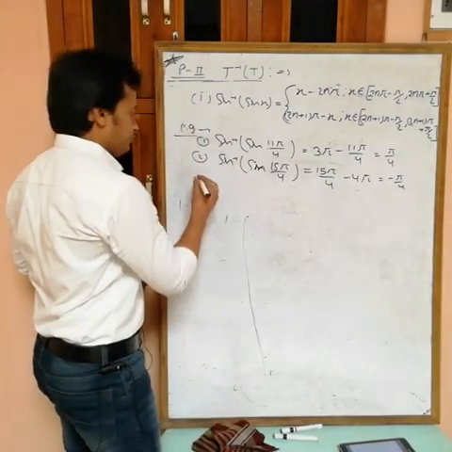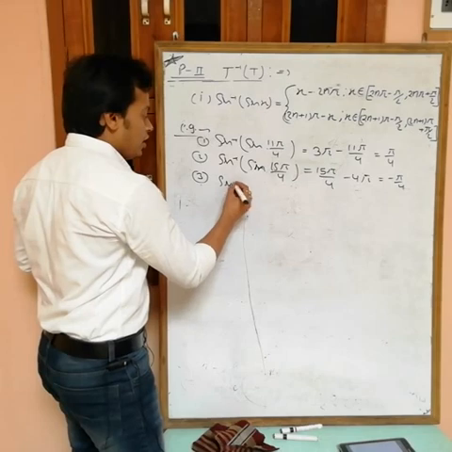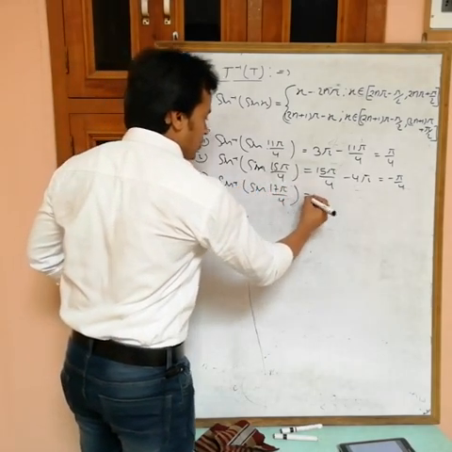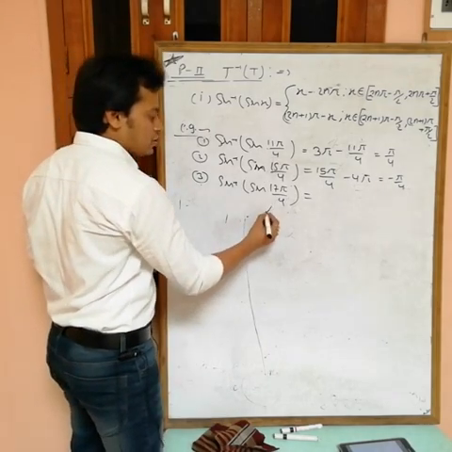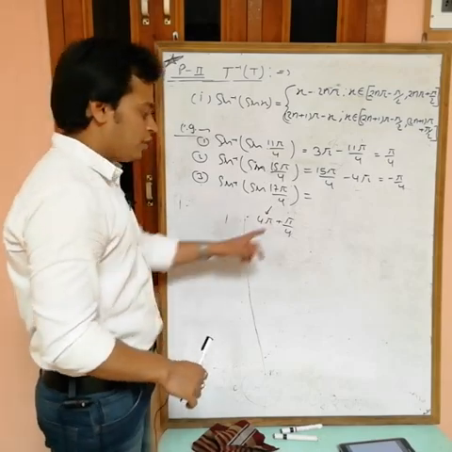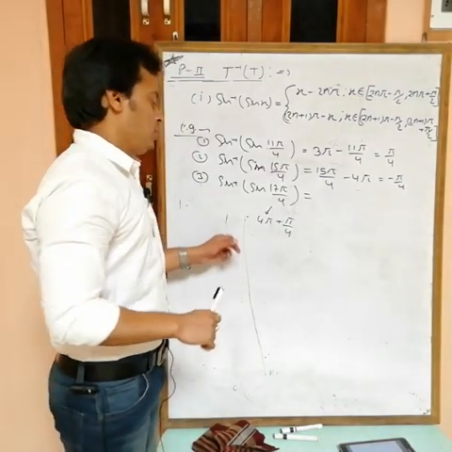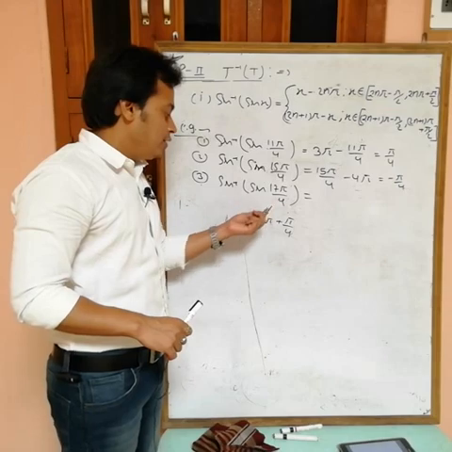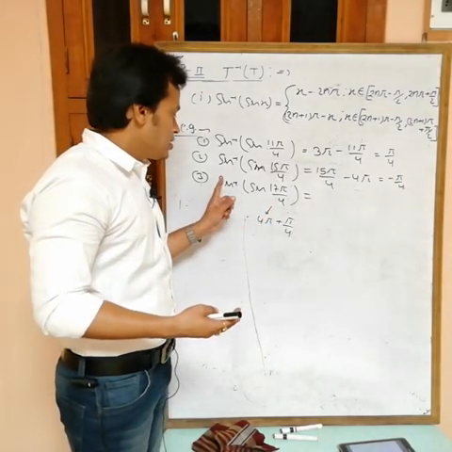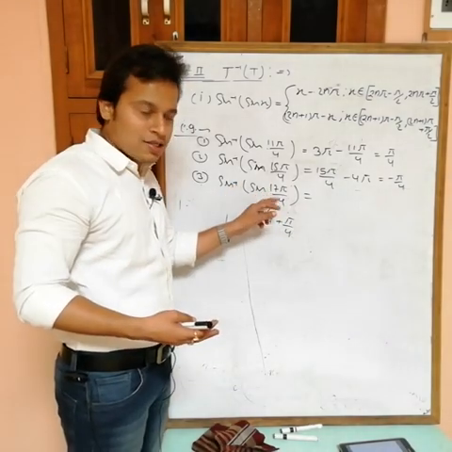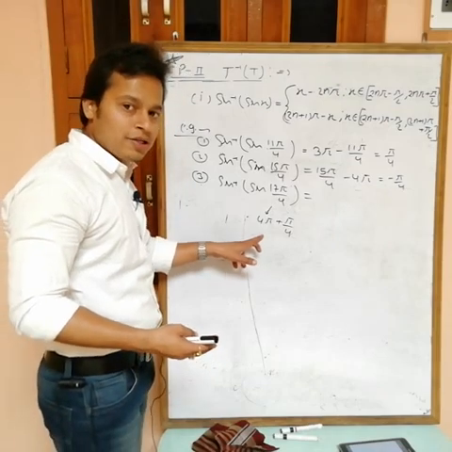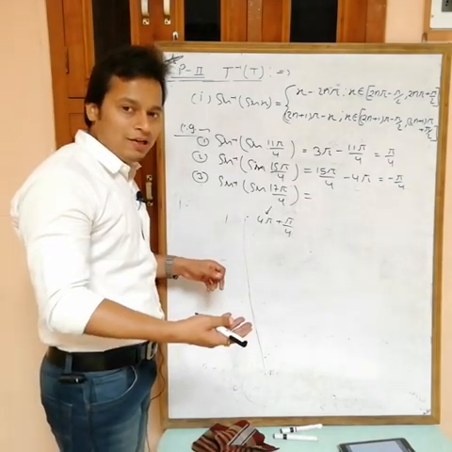Third example, sine inverse of sine 17 pi by 4. Now 17 pi by 4 is 4 pi plus pi by 4; you can take plus or minus up to pi by 2. Again this is near to 4 pi, and 4 pi is an even multiple of pi. In sine inverse sine x, if x is near to an even multiple of pi, then the answer is x minus that even multiple of pi.